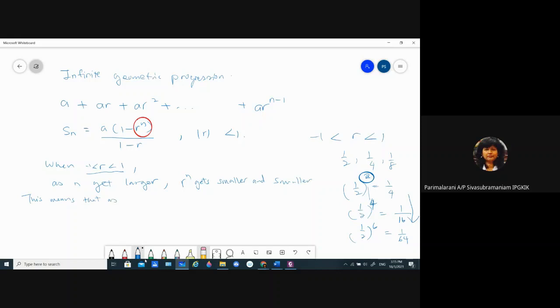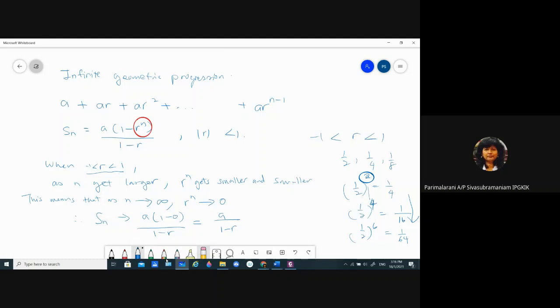This means that as n approaches infinity, Rn approaches 0. Therefore, our sum will approach a times 1 minus 0 over 1 minus r, which is a over 1 minus r. That means as the number of terms becomes very large, like an infinite geometric progression.